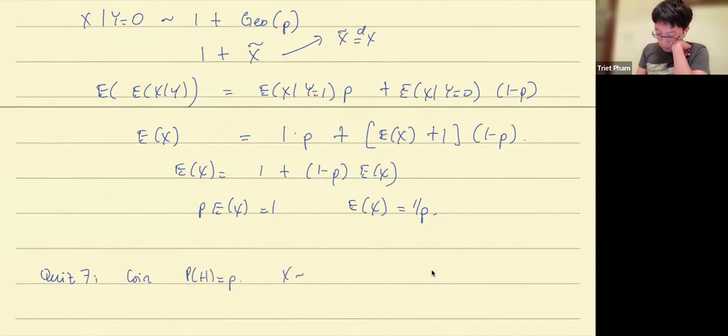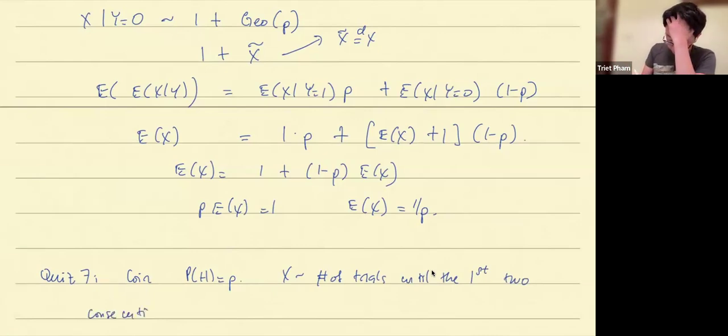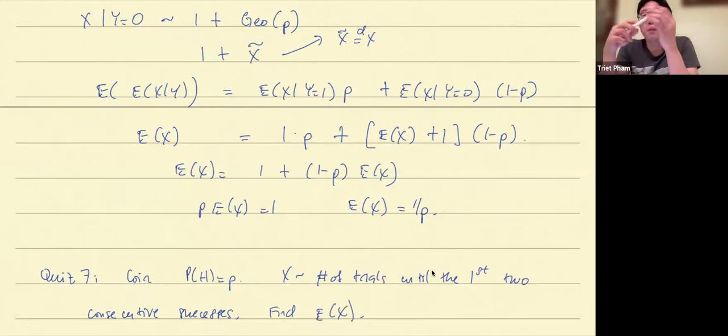Let X be the number of trials until the first 2 consecutive successes. Find the expectation of X.